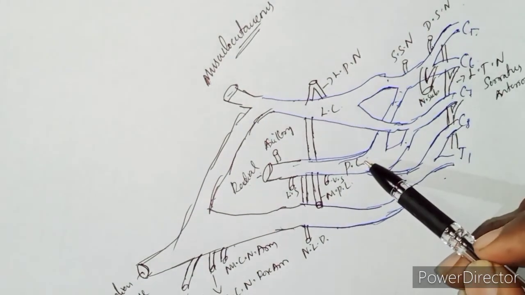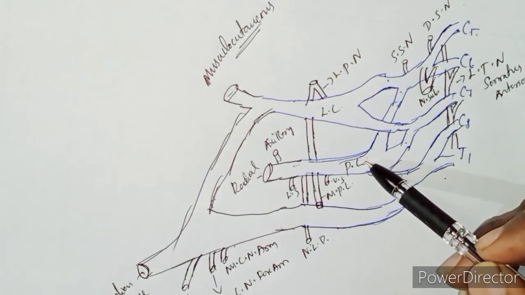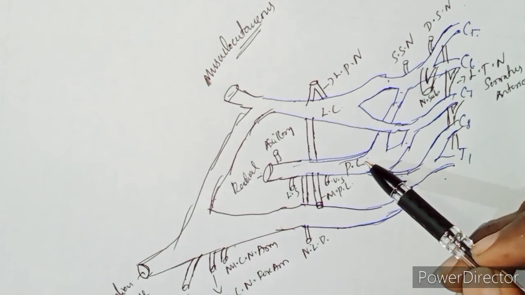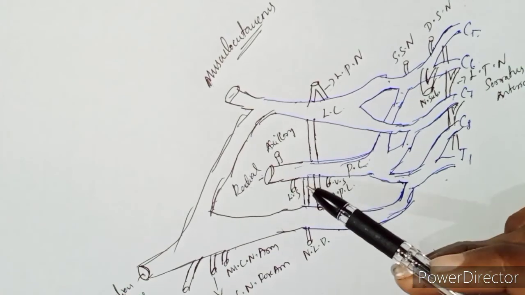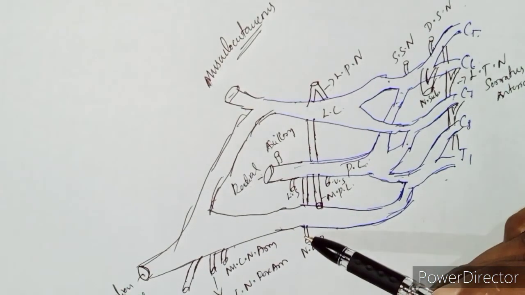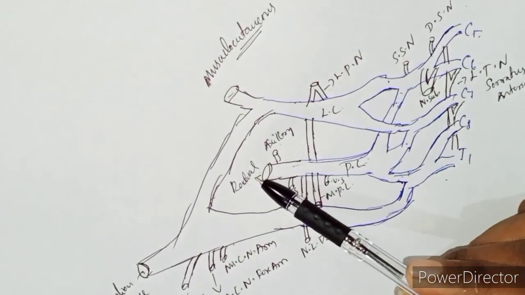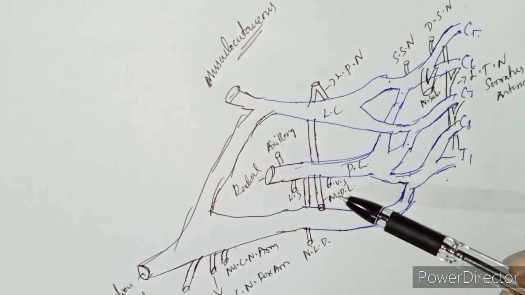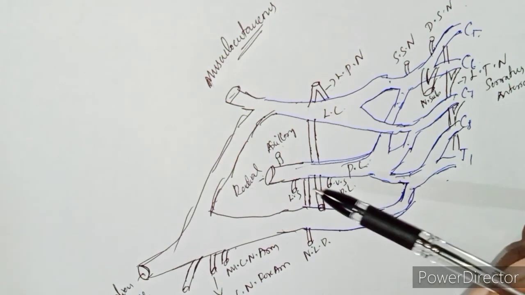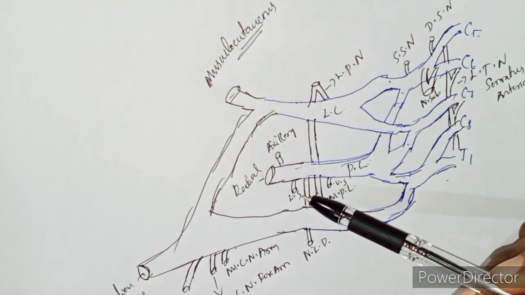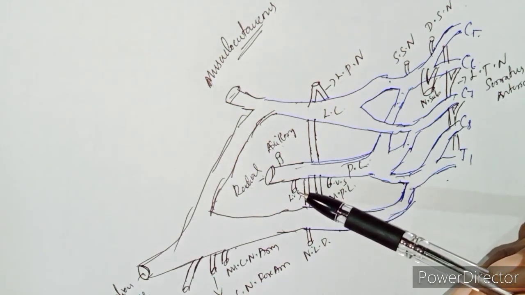And then in the posterior cord we have 5 branches: the upper subscapular nerve, lower subscapular nerve, nerve to latissimus dorsi, axillary nerve and radial nerve. This upper subscapular nerve is going to supply the subscapularis muscle, and this lower subscapular nerve is going to supply the subscapularis muscle along with the teres major.